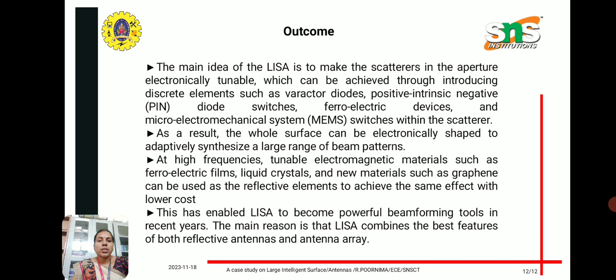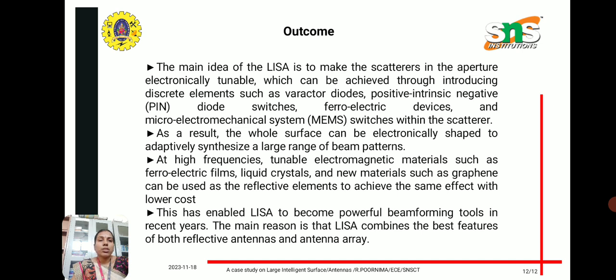So, the outcome of these antennas. The main idea of LISA is to make the scatterers in the aperture electronically tunable, which can be achieved by introducing discrete elements such as varactor diodes, pin diodes, ferroelectric devices or MEMS switches within the scatterer. So the whole surface can be electronically shaped to adaptively synthesize a large range of beam patterns. So it can produce any beam pattern.